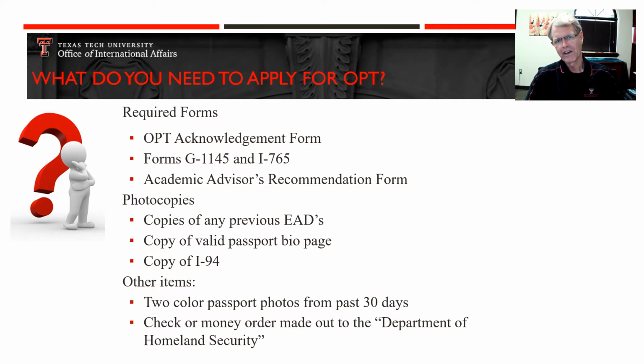You can have those photos taken here in the International Cultural Center or at any of the pharmacies in the city of Lubbock, such as Walgreens or CVS. And then finally, you will need a check or money order made out to the Department of Homeland Security.